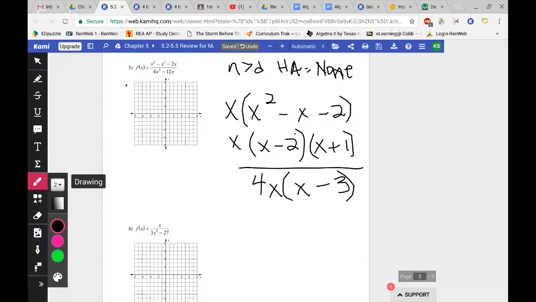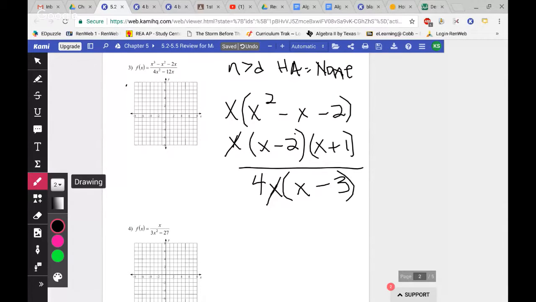So for my vertical asymptotes, you're looking for anything that will make the denominator a 0. In this case, you've got 4x and x minus 3. But the x from here cancels with the x from here. So that actually creates a hole and not an asymptote.